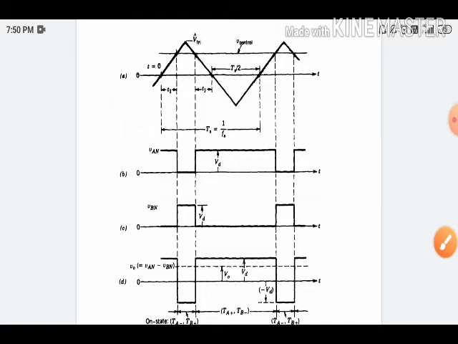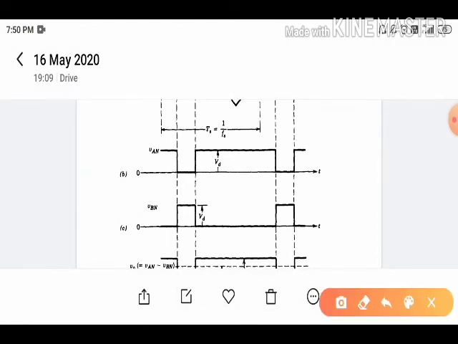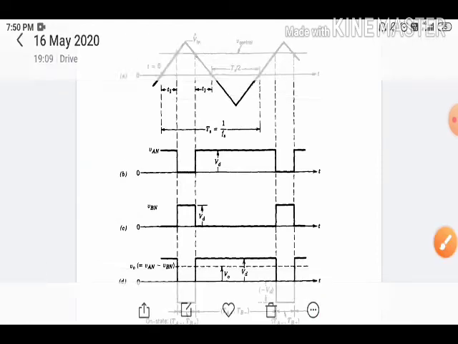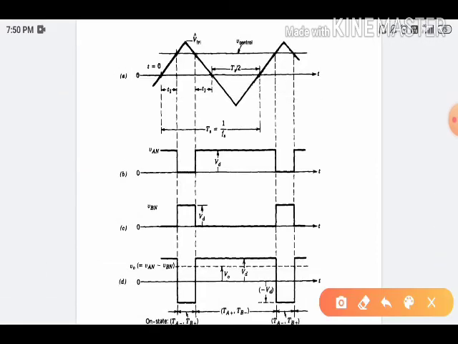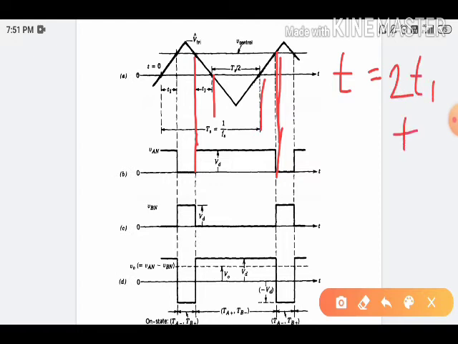So what is the duty ratio of TA positive? Here is the full time period, and this is the time period when TA positive is on. Ton equals 2 times t1 plus Ts by 2.